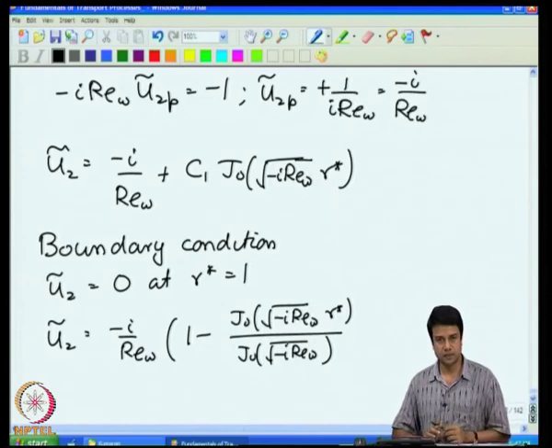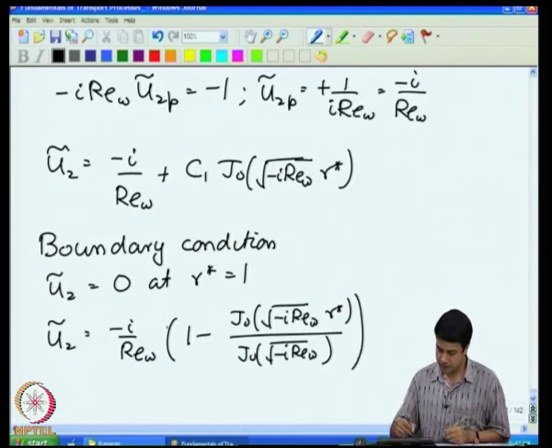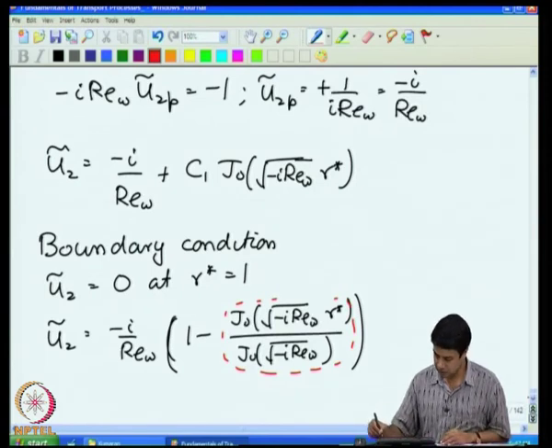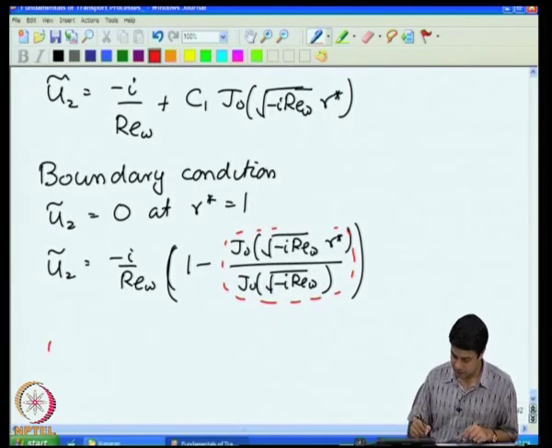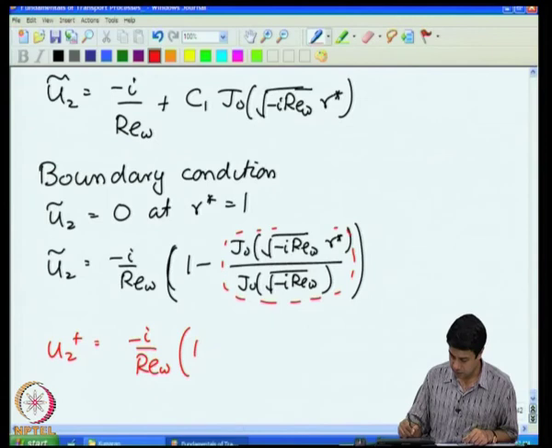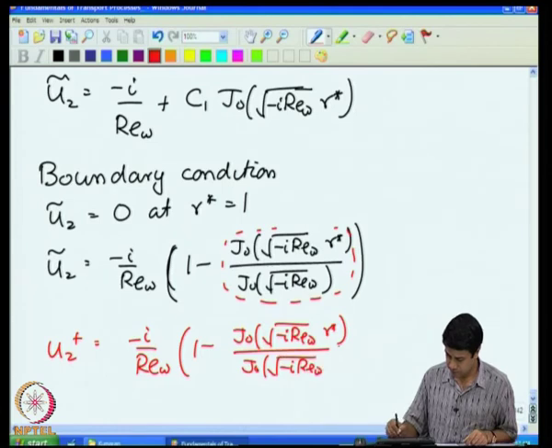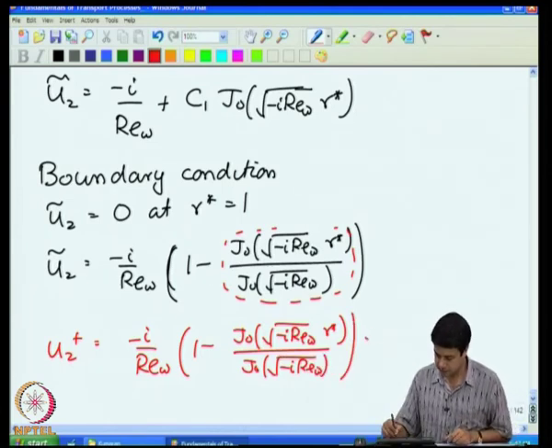This gives the final expression, and you can verify that when r star is equal to 1, the numerator and denominator are equal, so this becomes 1 and the velocity becomes 0. That is the final solution for u z tilde. That means u z plus is equal to minus I by Re omega times 1 minus the ratio of Bessel functions, times e power I t star.